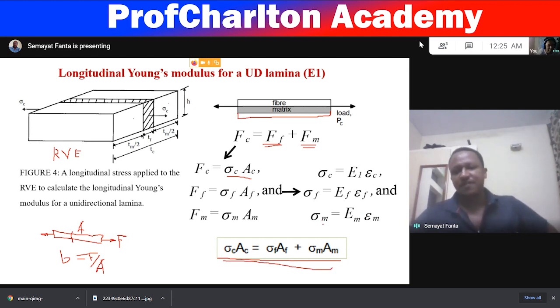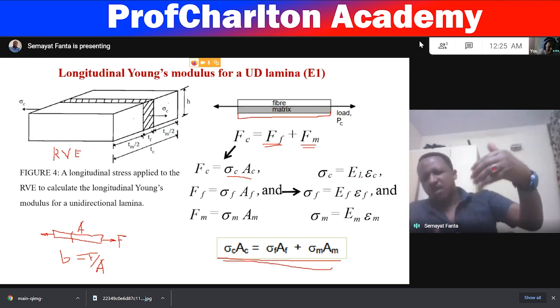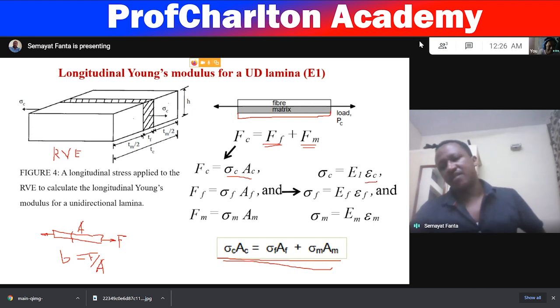So what is the stress in the fiber? Actually here we can represent the stress in terms of the elastic constant, the longitudinal modulus or modulus in one direction, times the strain in the composite. Again, stress in the fiber is equal to Young's modulus of the fiber times strain in the fiber.